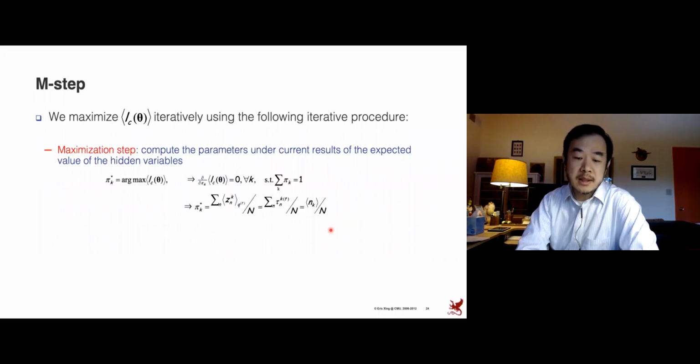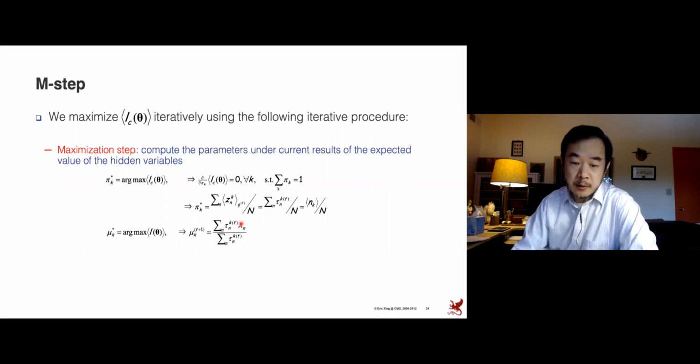Now assume that we have what is supposed to be in the lower index of the bracket already estimated, which is the P of Z given X, right? Then we are able to treat them as observed.